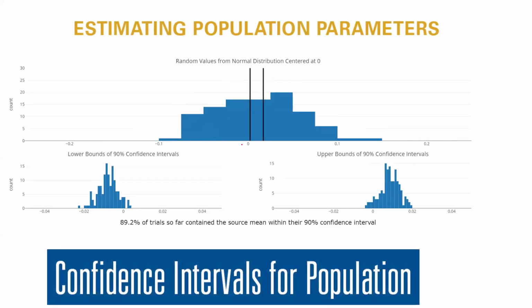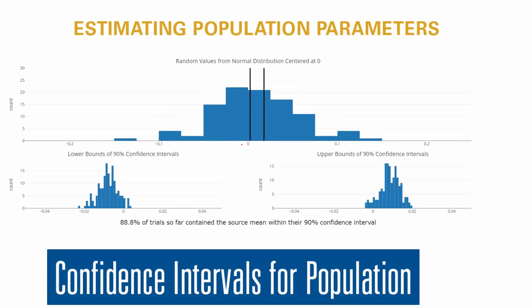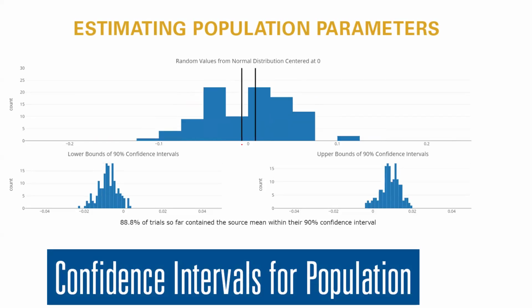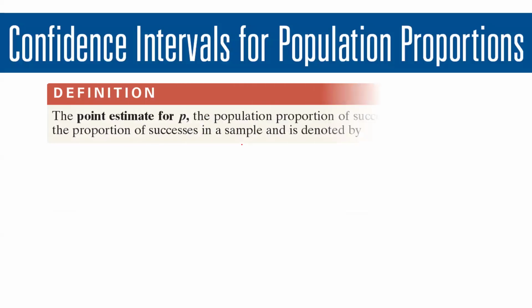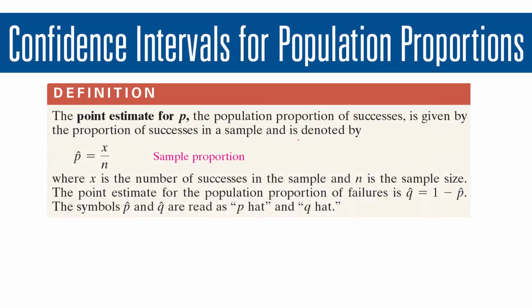The confidence interval captures possible values that are estimating the population parameter. So first, you need to find the point estimate for P, which in this case is our population proportion. The point estimate for P, the population proportion of successes, is given by the proportion of successes in the sample, and it's denoted by P hat, which is X divided by N. What is X?